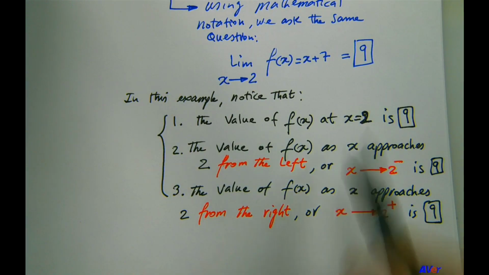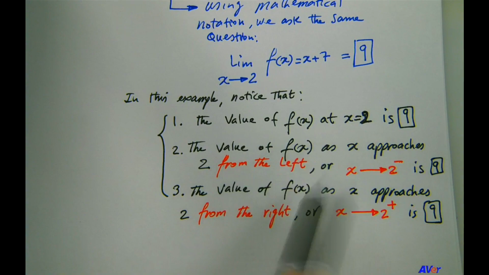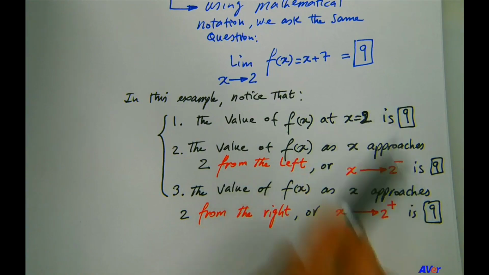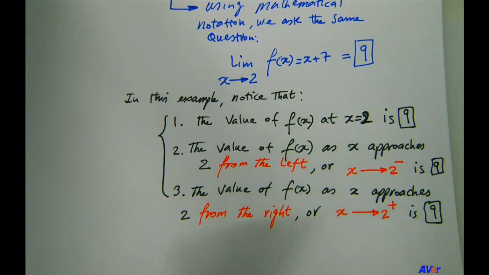If one of these is not the same number, then we say the function is not continuous at that point, which is a very important topic in calculus, because calculus does not like discontinuity. It likes continuity. So we need to know where functions are continuous and when they are not.